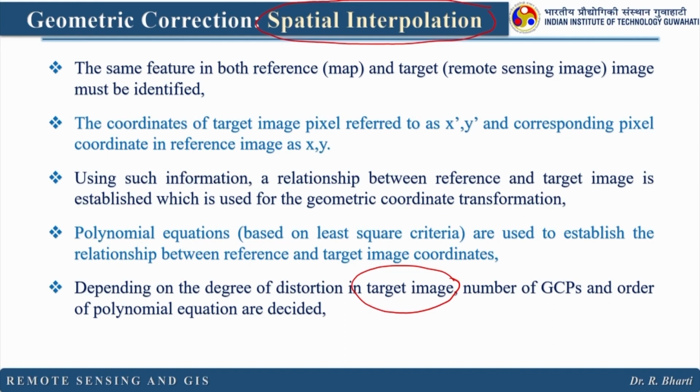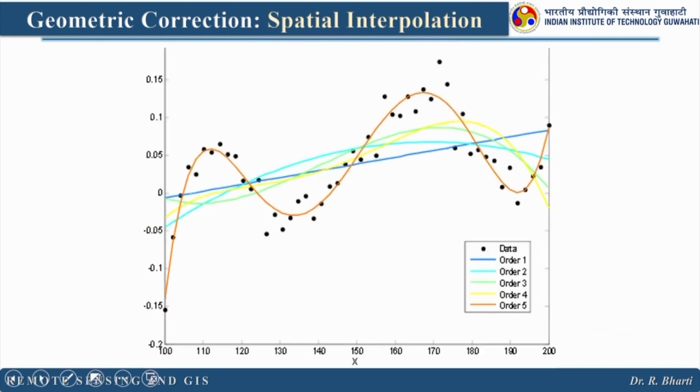Depending upon the degree of distortion in the target image, number of GCPs and order of polynomial equation are decided. So, by target image I am referring to the satellite image which is captured and which has to be corrected, not the map. Map is our source of GCP. So, here basically this is going to be your x dash y dash and the GCP will be x and y, right. If someone is having a linear relationship, then you can use first order, second order, but if it is not linear, then you have to increase your order of polynomial equation.